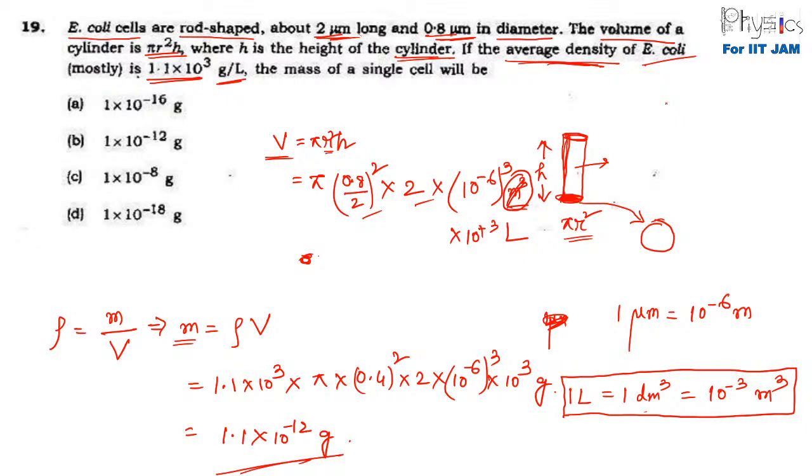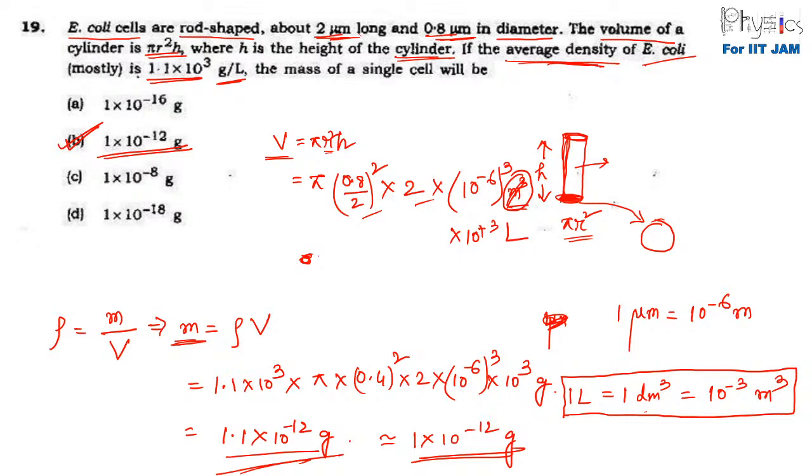That is mass by volume. So from there we can get the mass of 1 E. coli cell, and it is nearly equal to 1 times 10 to the power minus 12 gram. That is option B here, 1 into 10 to the power minus 12 gram, right? So our correct answer is option B, 1 into 10 to the power minus 12 gram.